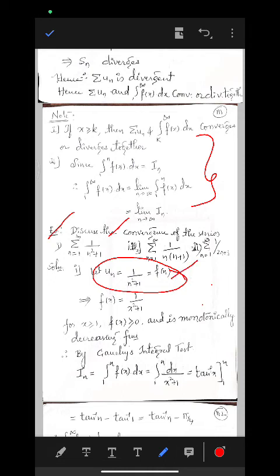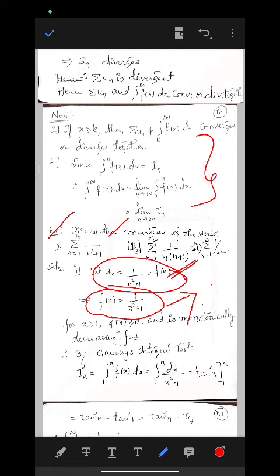un is equal to 1 divided by n square plus 1, that means that is f of n, right? And we need to convert in terms of x. Wherever n is there, you just put x. So f of x is equal to 1 divided by x square plus 1. Now this step is very important, next step.